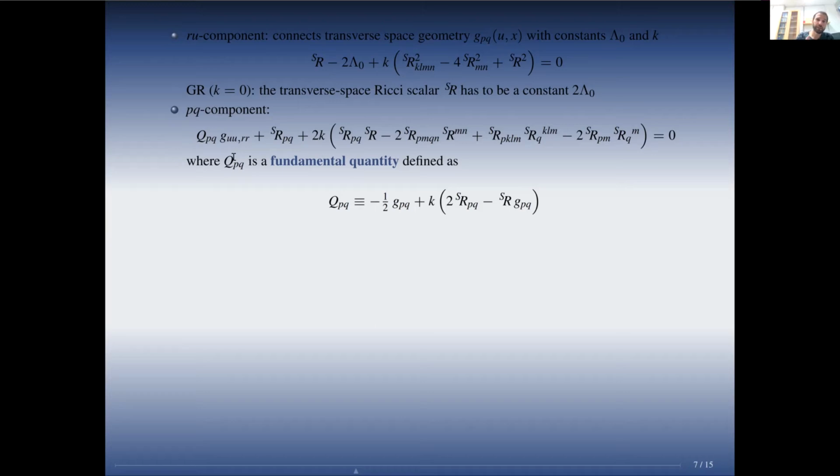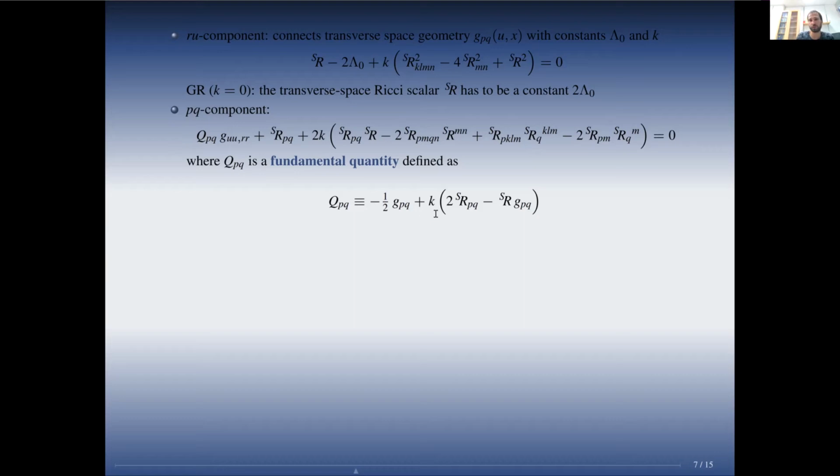And it's fundamental for our further discussion because, as you can see, in GR it's just the metric tensor of the transverse space, which is in general non-degenerate.